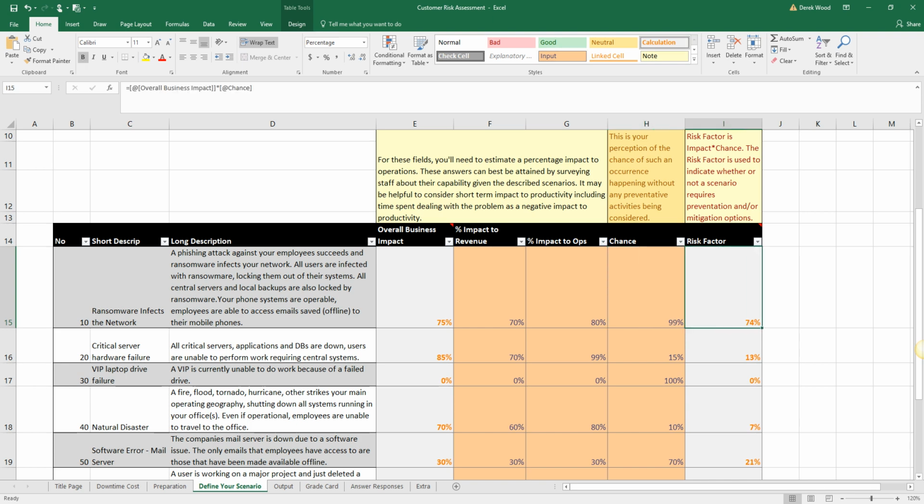The risk factor is a calculation that multiplies business impact times chance. And the rule of thumb is that anything that is above 10, so you can do it by percentage or just decimal, but 0.1 or 10% and above should have some serious attention to talk about both prevention and recovery options in the event that this does happen.